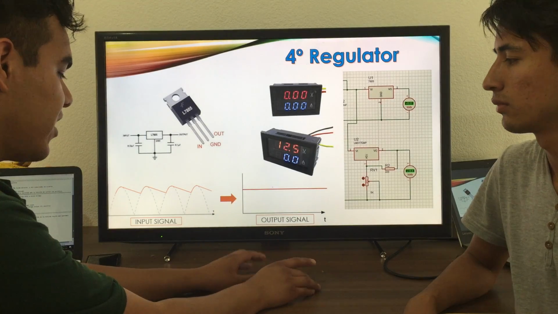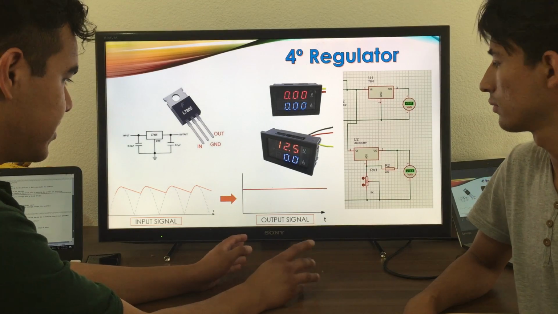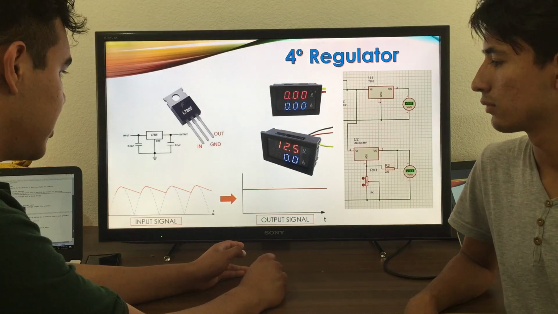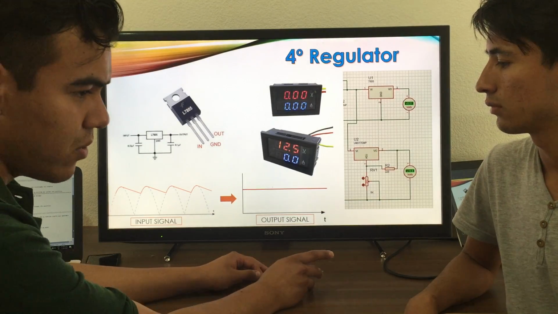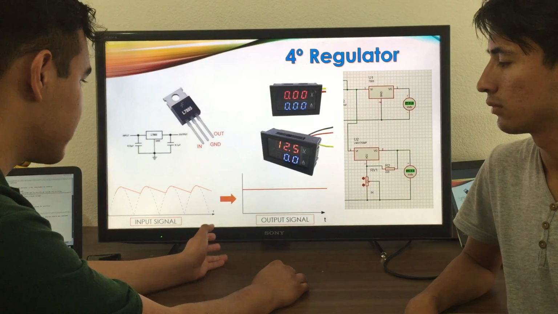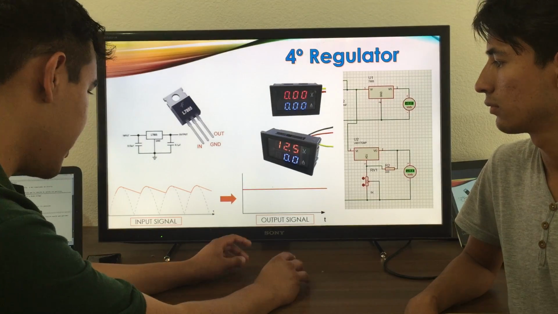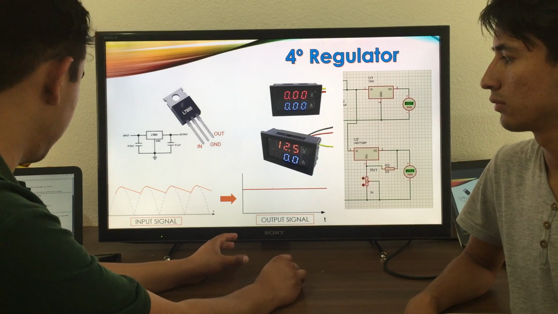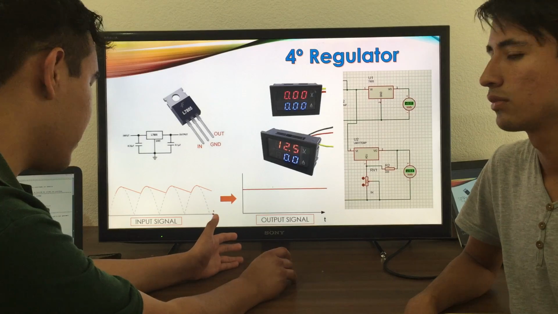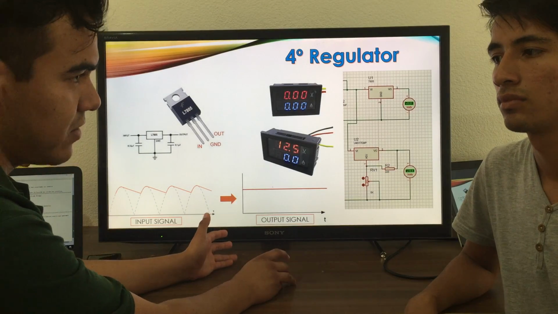The basic ideal function in the regulator circuit is that the input voltage is 2 or 3 volts more than the output voltage, and the voltage between the output and ground is a permanent value, it isn't variable.